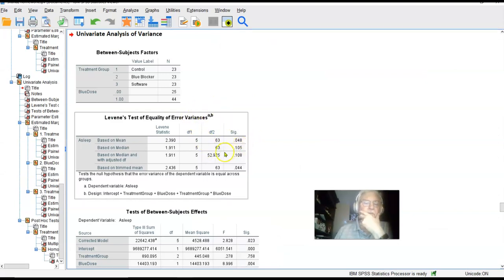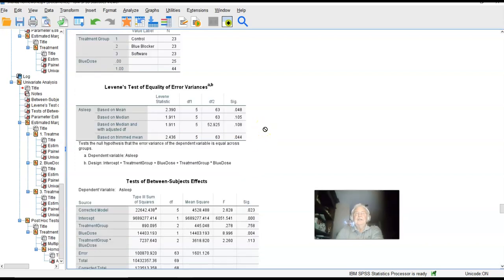And so when we do that, we see now our variances aren't equal. That's nice. There's no Welch test. I don't remember if we talked about the Welch test. If your variances are not equal in a one-way, you can do a Welch test. Rather than using analyze, general linear model, univariate, you would go to analyze, compare means, one-way.